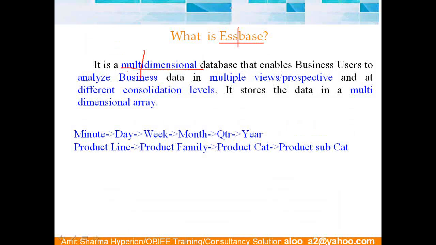You need to understand what a dimension is. For now, let me walk you through the definition. It's a specific category database which stores data in multi-dimensional format, primarily used for rich analysis of business data, which gives you multiple views of the same data at different consolidation levels.